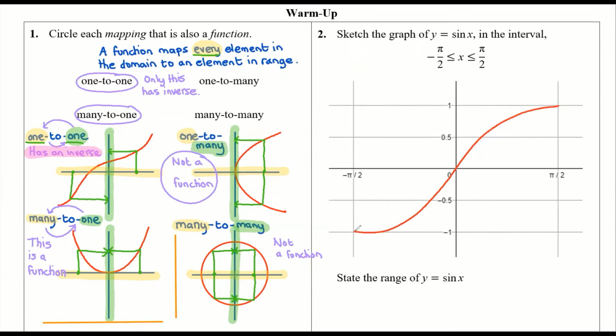That's not too bad. And the range is pretty clear. If you just look at the range of values of y that it spans, it's anything between -1 and 1 inclusive. So we can write that down. Okay, so that was pretty straightforward.